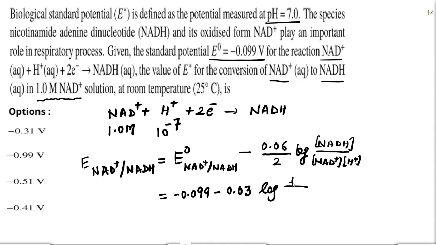Yes, that's the glitch. Just see, if concentration of any ion is not given, any solution is not given, then you should take it as 1. Standard.